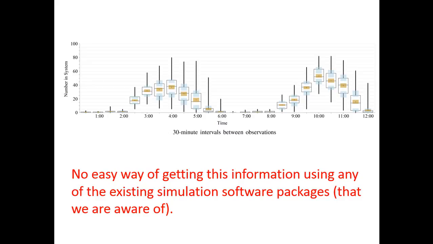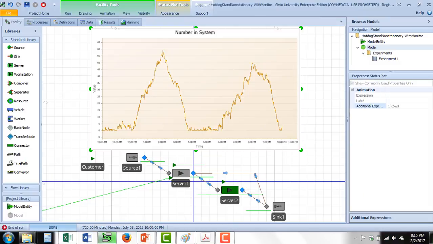So now let's talk about what tools are available to us through commercial simulation software packages that we can use to evaluate how a performance measure changes over time. Remember when we ran our model, we created this dynamic plot that basically shows us how the instantaneous number in system changes as the simulation model is running.